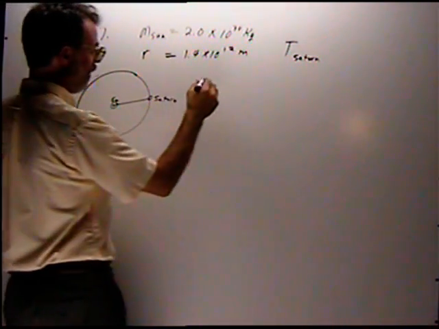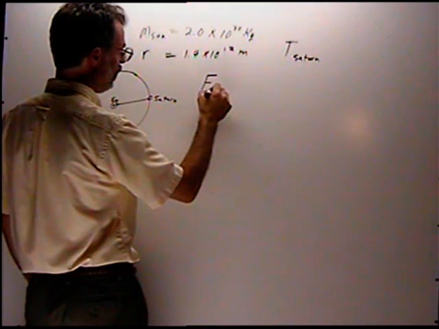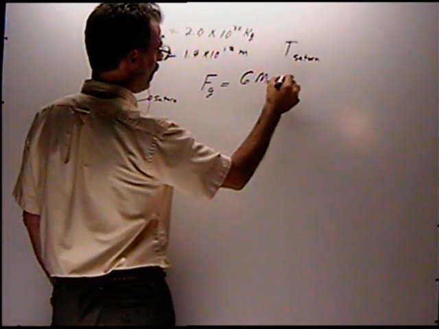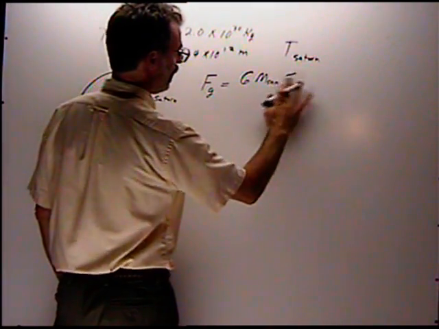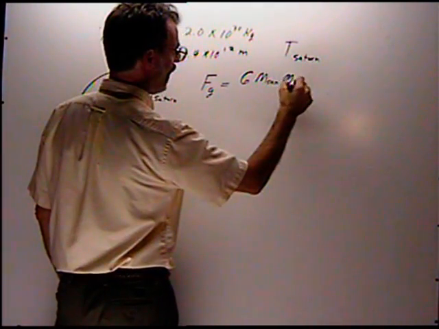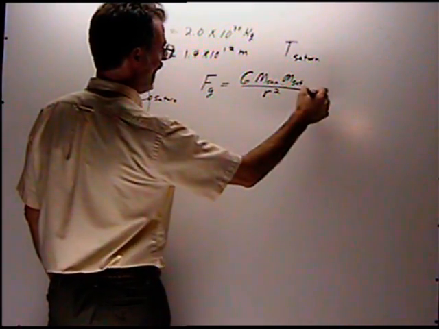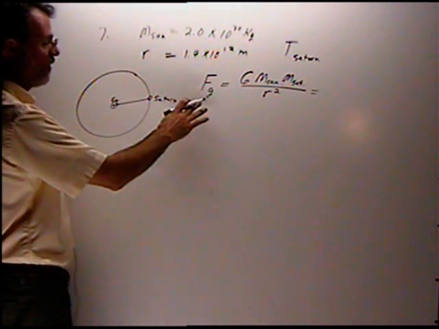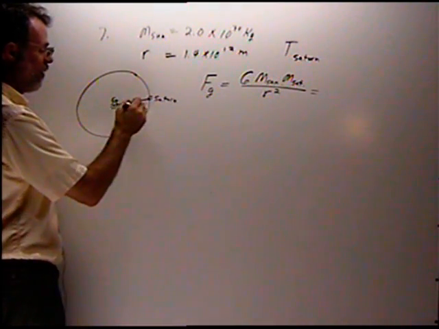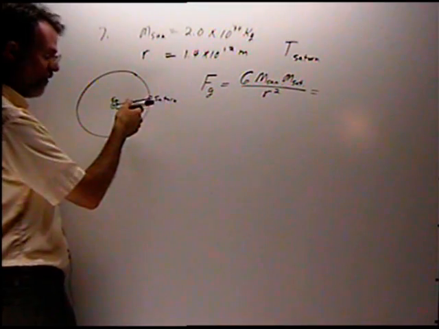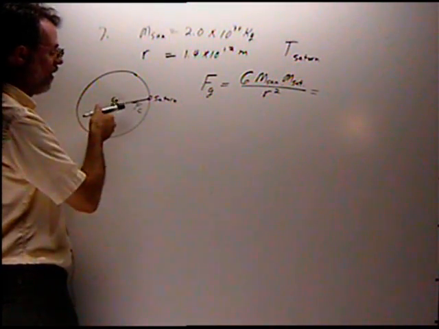So we use Newton's gravitational force, G times the mass of the Sun times the mass of Saturn, divided by r squared, and the gravitational force supplies the centripetal force to the Sun.